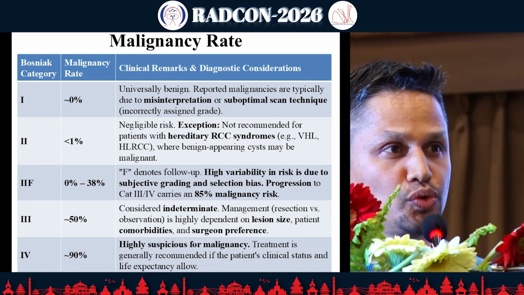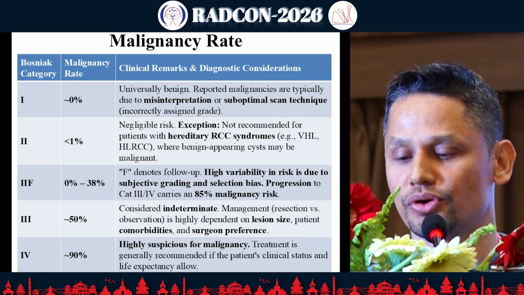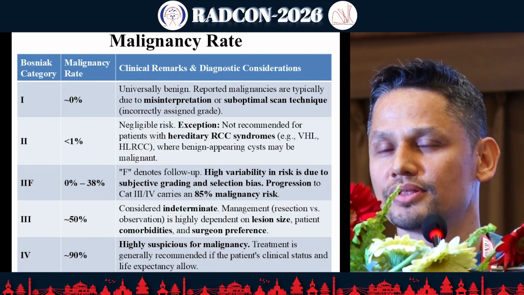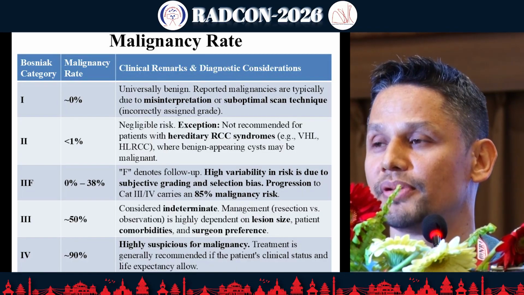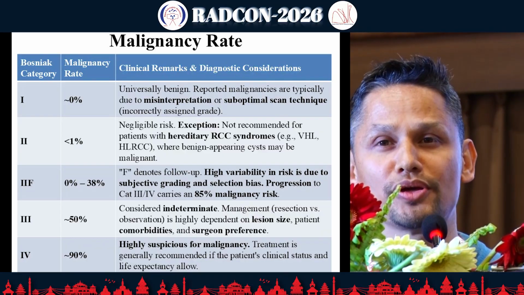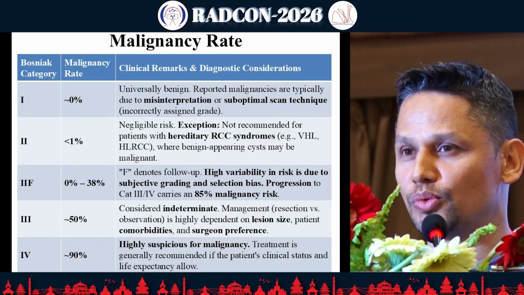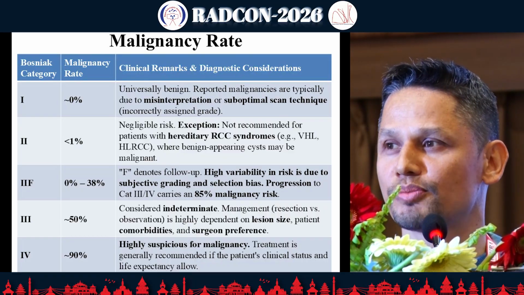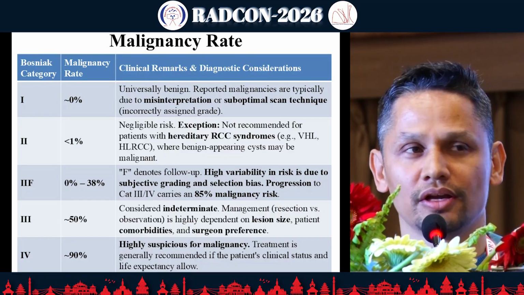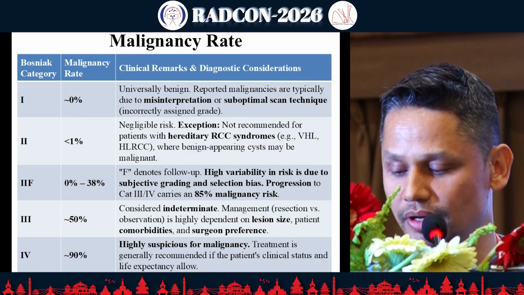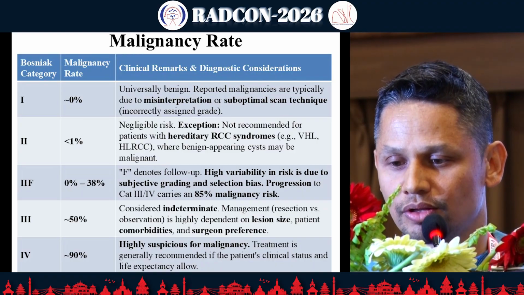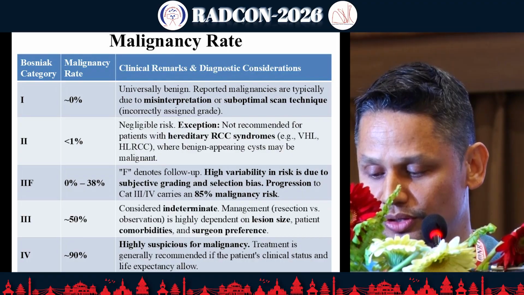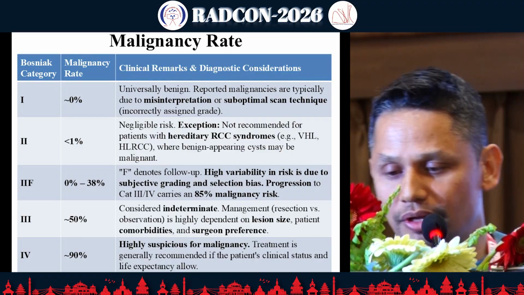For 2F, the malignancy rate ranges from 0 to 38%, because this old classification was very subjective. No measurement was given, and terms like measurable and perceived were so ambiguous that there was more variability in reporting between radiologists.